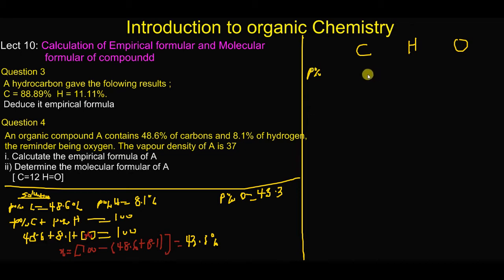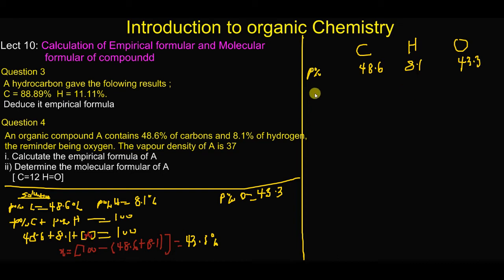The percentage of carbon is 48.6, hydrogen is 8.1, and oxygen is 43.3. That's what we calculated.